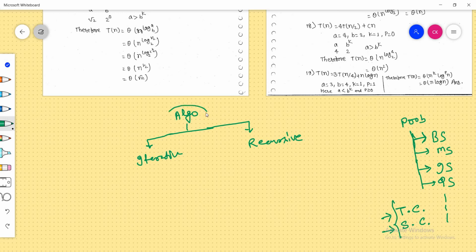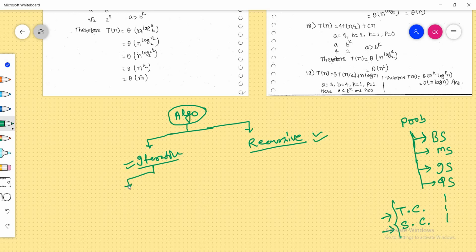So any algorithm can be of two types, iterative and recursive algorithm. Iterative algorithms have simply a while loop, do while loop, for loop, and a recursive algorithm has recursion, a function calling itself.